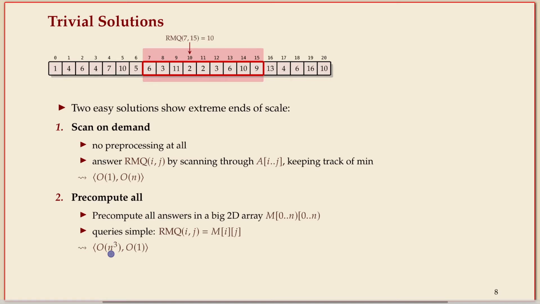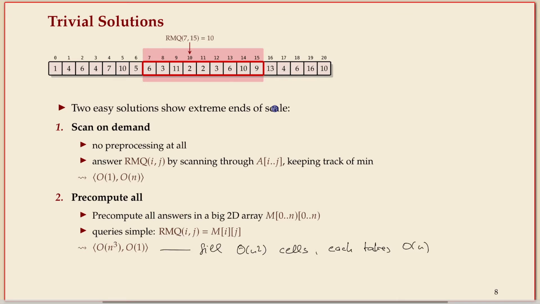So you have to fill n squared cells in this matrix, and each takes, it's a bit of a lie, let's say each takes linear time at most, and some of the cells, a small fraction, takes linear time at least, and so the overall time is cubic.